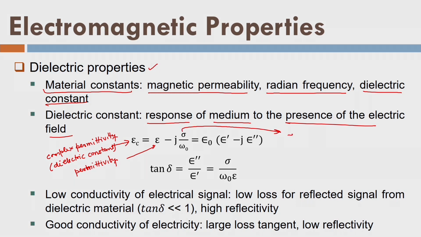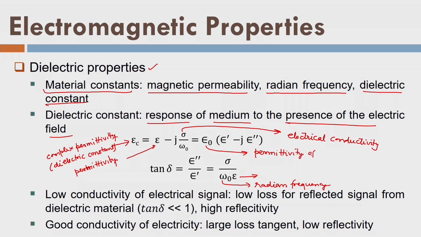Please note, it is electrical conductivity. Then omega is radiant frequency here. What about this epsilon 0? It is permittivity of free space. Free space means vacuum.